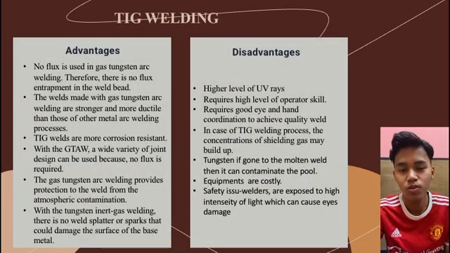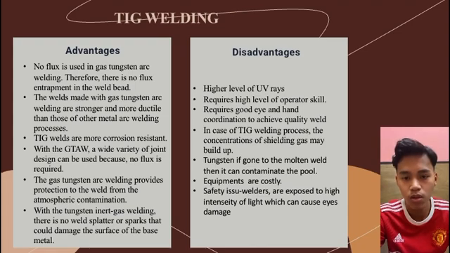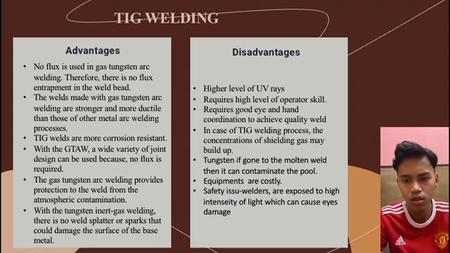Today I would like to talk about the advantages of GTAW. Number 1, no flux is used in gas tungsten arc welding, therefore there is no flux entrapment in the weld. Number 2, the welds made with gas tungsten arc welding are stronger and more ductile than those of other metal arc welding processes.